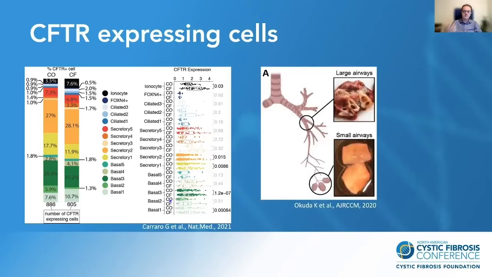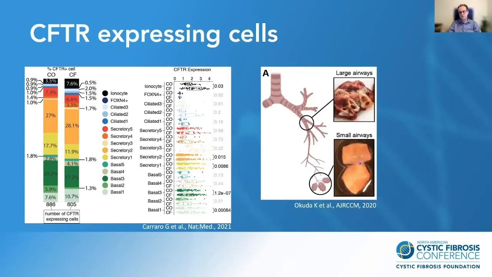In a parallel experiment, a project that we performed in collaboration with the Boucher group and Okuda Kenichi at UNC, we asked the question if there is any difference in CFTR expression between large and small airways.